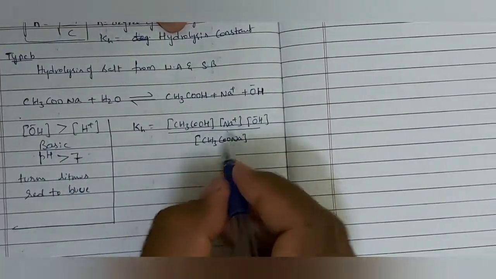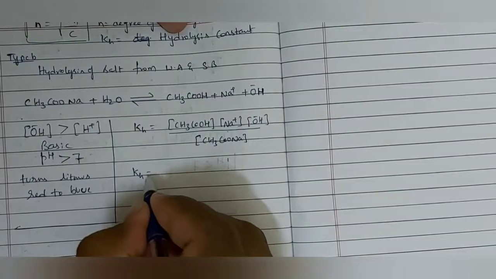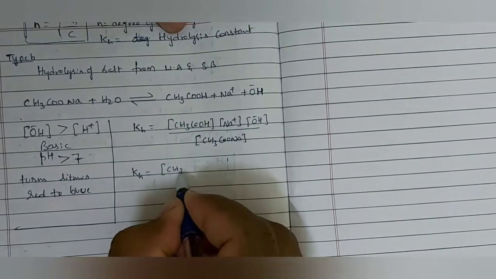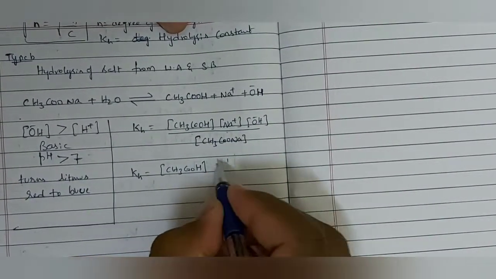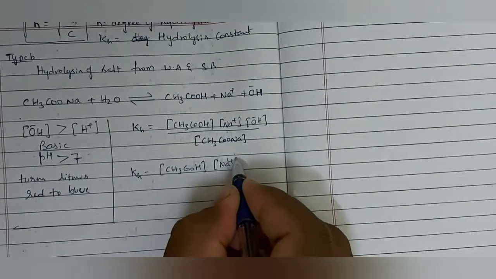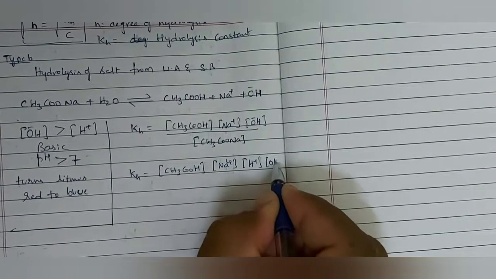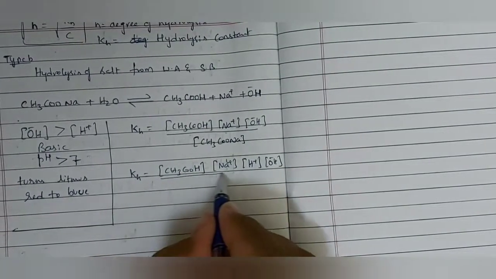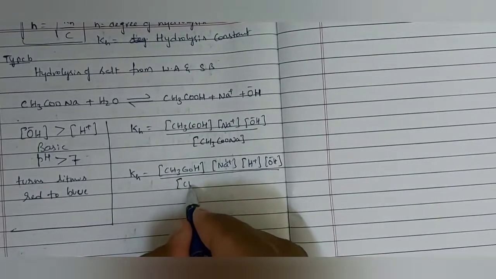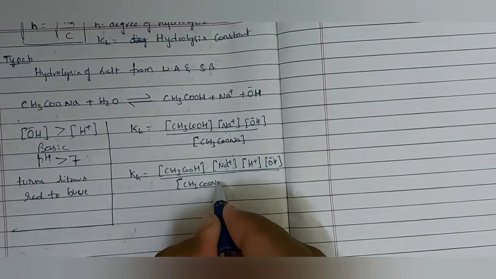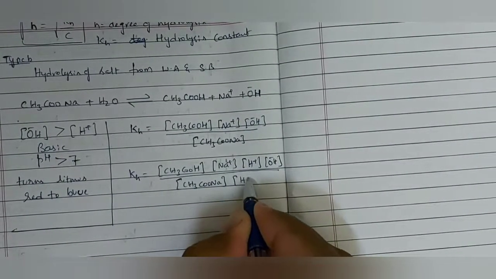Multiplying and dividing by H plus ion concentration, Kh is equal to concentration of CH3COOH into Na plus into H plus into OH minus divided by concentration of CH3COONa into concentration of H plus.